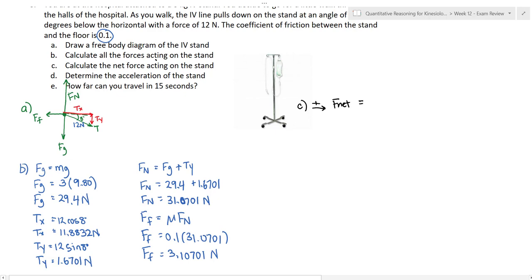We have Tx and Ff. Tx is positive, and Ff is negative because it's pointing to the left. So F net is equal to Tx, which I already found was 11.8832 newtons, minus Ff, which I just found was 3.10701 newtons. I'm just going to subtract the two.